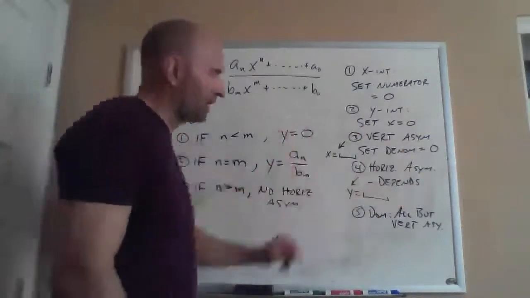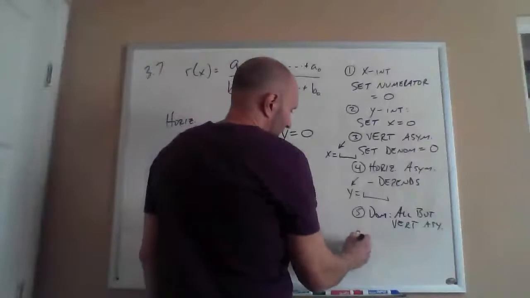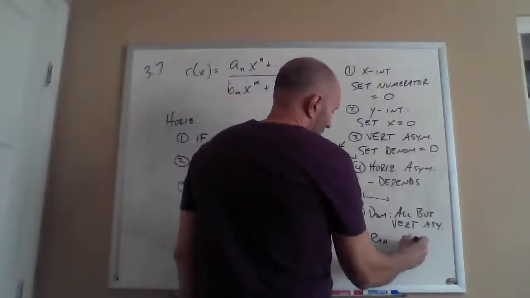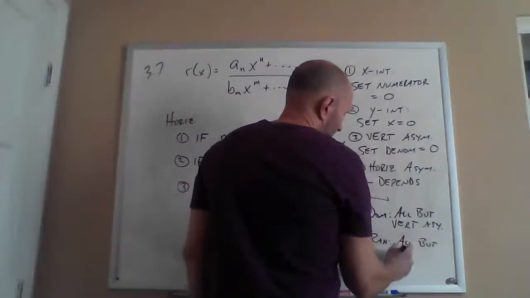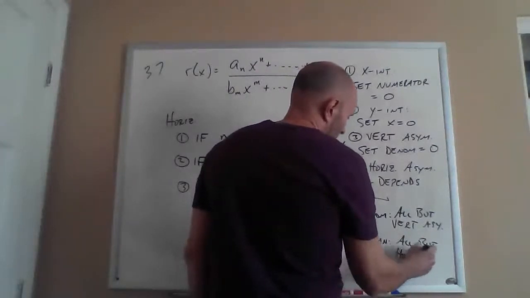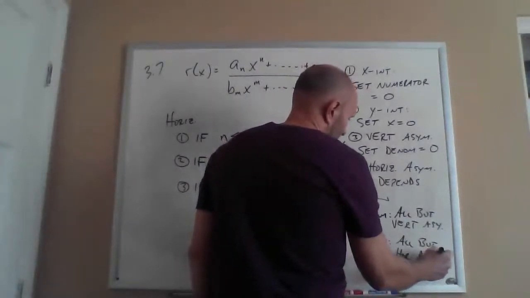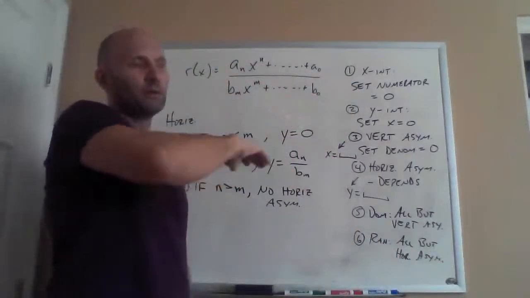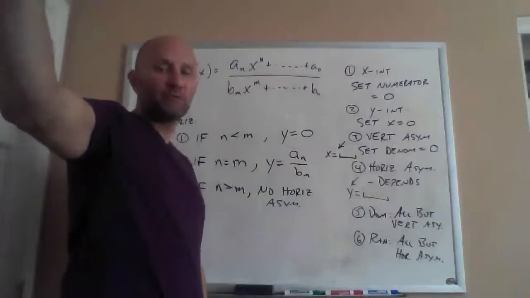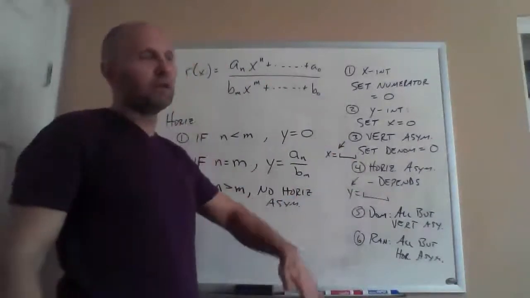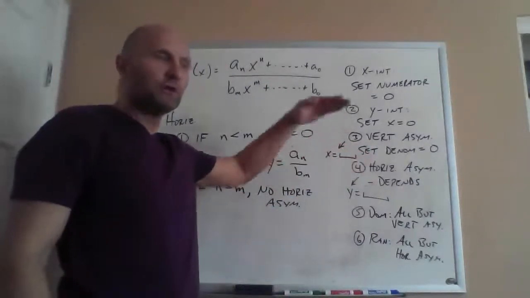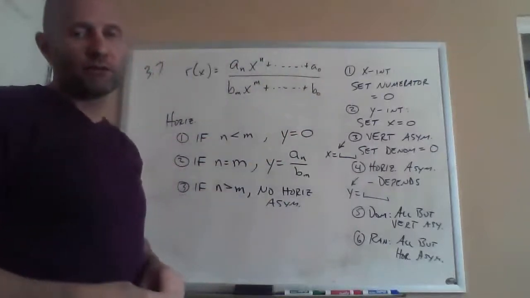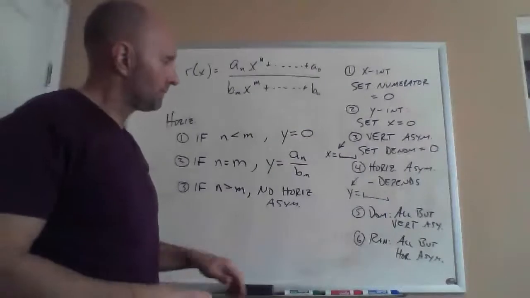It's everything besides the vertical asymptote. And the range is all the values except the horizontal asymptote. So if my horizontal asymptote is y equals 5, then it's going to be negative infinity to 5, union 5 to infinity. We jump that asymptote, and that gives us our domain and range.